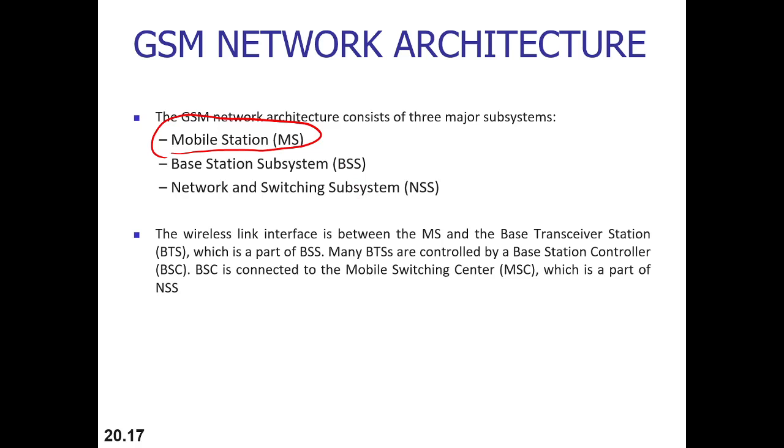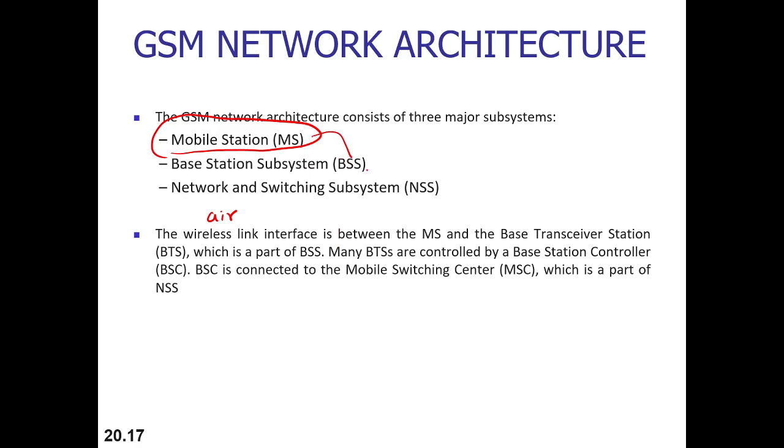We will now try to understand each and every subsystem from the architectural point of view. There's going to be a wireless part and a wired part, the infrastructure wireless service and the infrastructure. The wireless link interface, or you can call this the air interface, is between the mobile station and the base station subsystem.